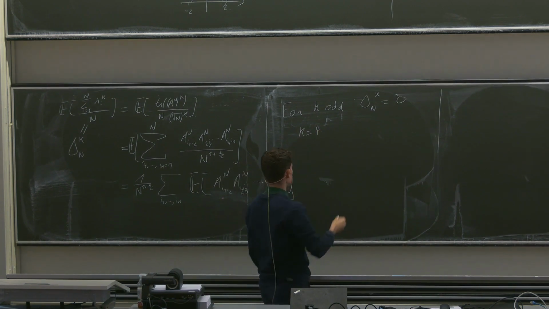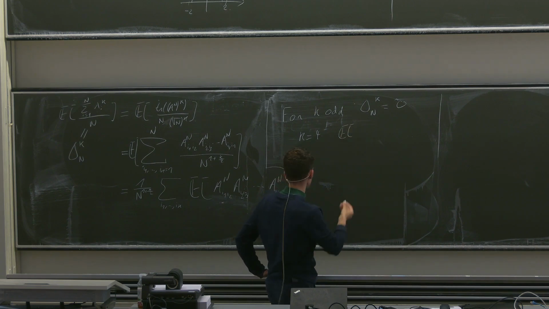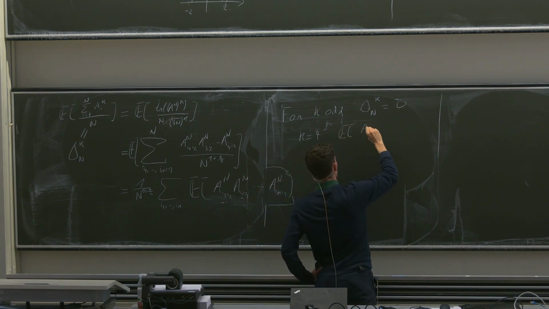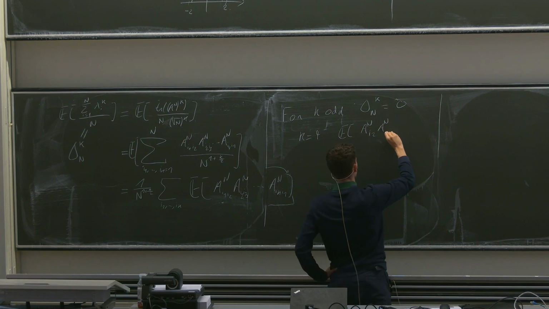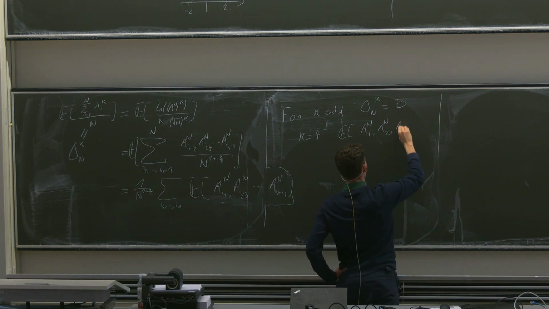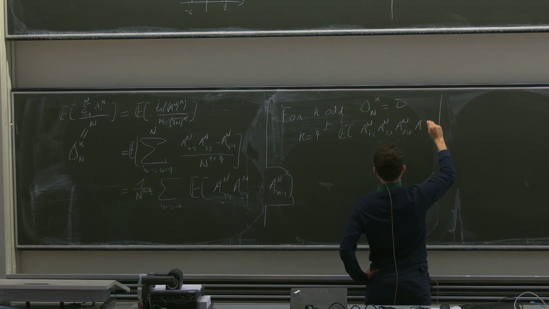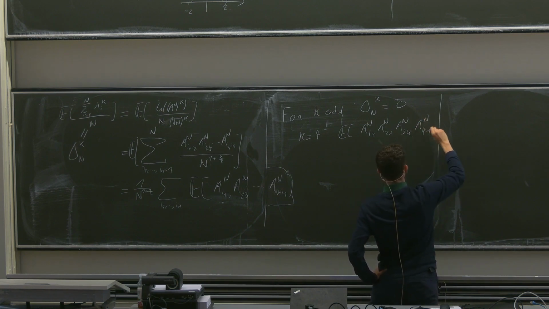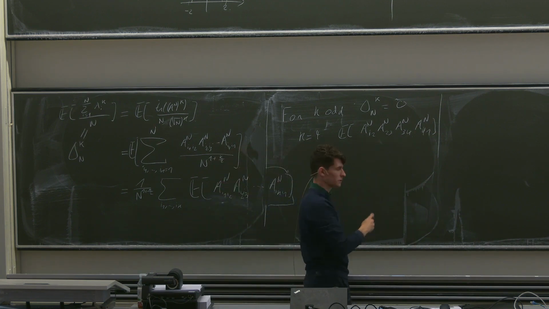If I have the term A_{12}, A_{23}, A_{34}, A_{41}, then all these terms are independent, and so this will just be equal to 0.